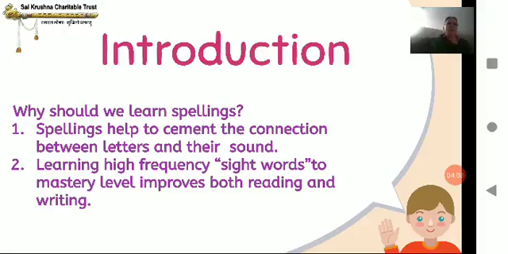In the lower classes, again, your teachers might have shown you some flashcards, just some words, bat, cat, rat, hot, top. These kind of different words they might have flashed through to you, which you constantly keep seeing, and in the process, you learn it.